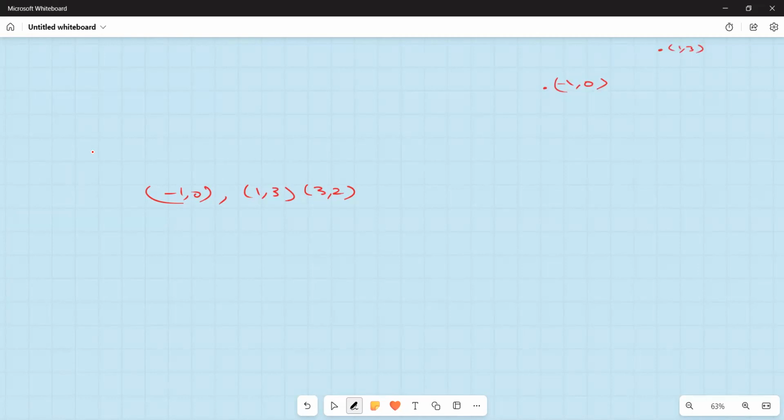If I take a coordinate system, this is going to be this way only. And (3, 2). So this type of triangle is there whose area you need to find out.